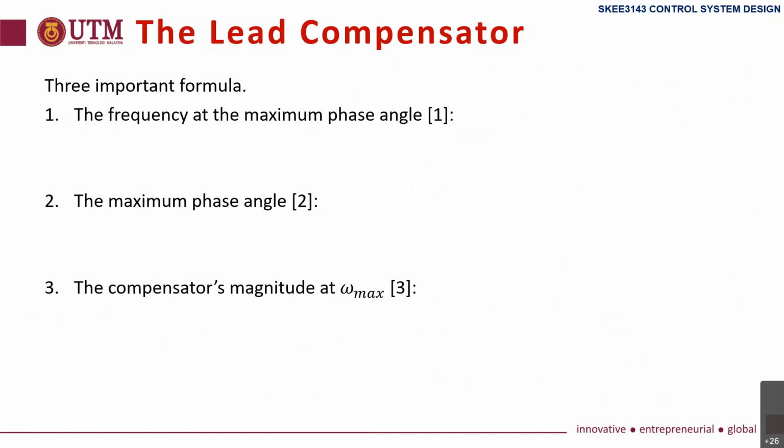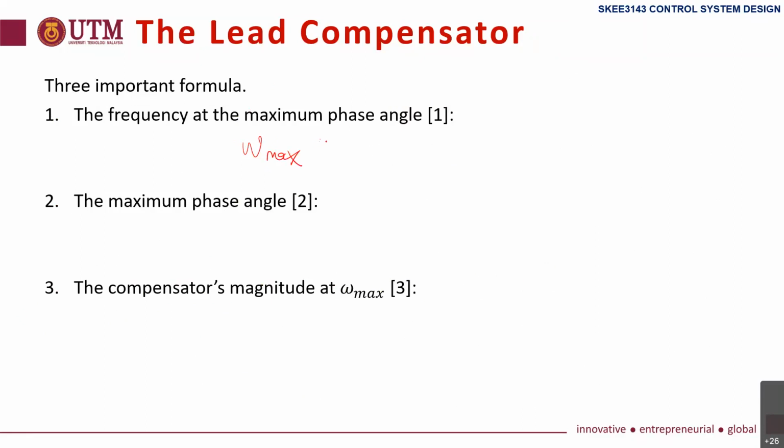In designing the lead compensator, you have to know first the transfer function that I discussed just now. And there are three important formulas which you also need to know. First one, we call omega maximum.